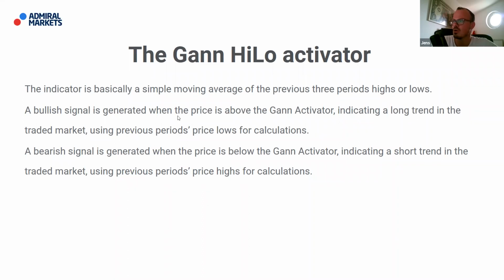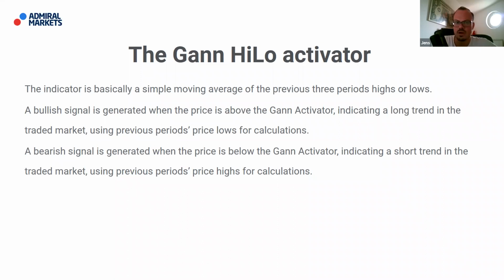So when the price is above the Gann activator, it indicates a long trend in the traded market, using previous periods' price lows for calculation. So it looks at the lows, which are obviously higher, and then calculates this HiLo indicator, or activator in this case. Now, the same is true, only the opposite, when looking at the short side.